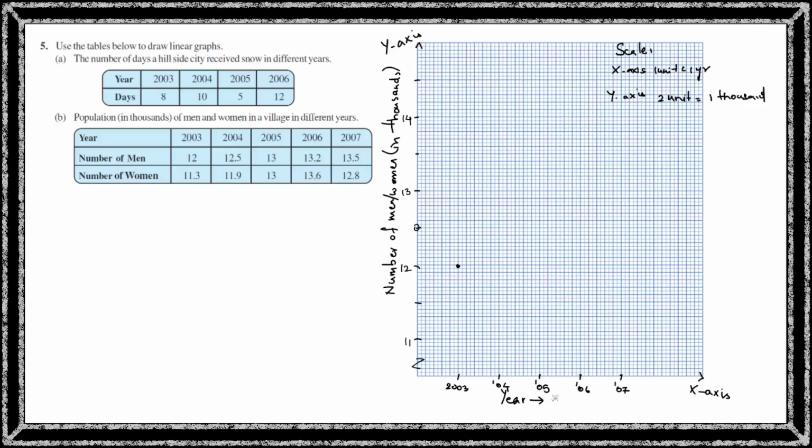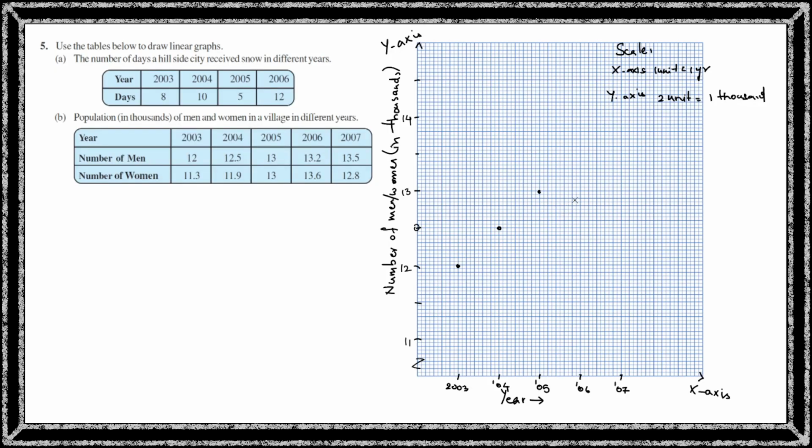This is your 12.5. So for 2004, I'm going to go all the way up to this point. And 2005 is 13. So here, this is my 2005 data.